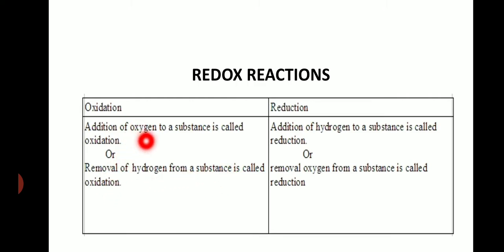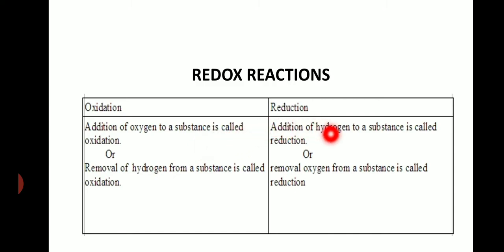If the equation is in terms of oxygen, we have to look whether there is an addition or removal of oxygen. If the equation is in terms of hydrogen, we have to find out whether it is carried out by the removal or addition of hydrogen.